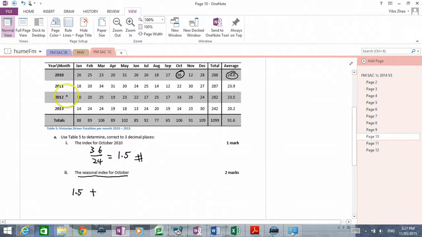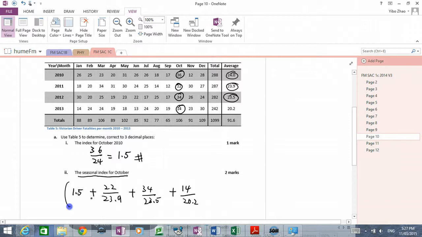Plus what happened for 2011, which is going to be 22 divided by the average, 23.9, plus the index for 2012, which is 34 divided by 23.5, plus the index for 14 divided by 20.2.